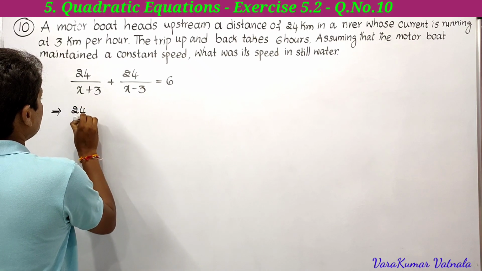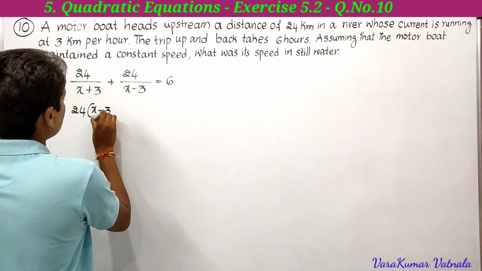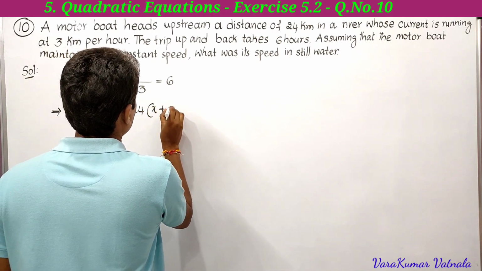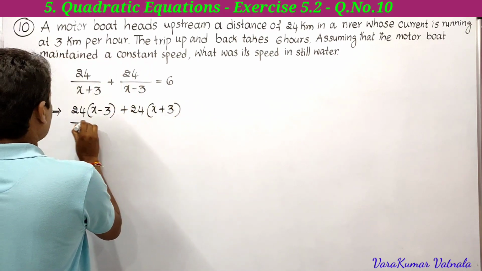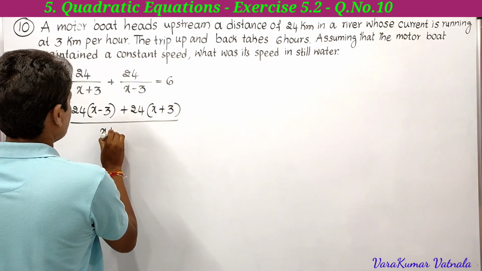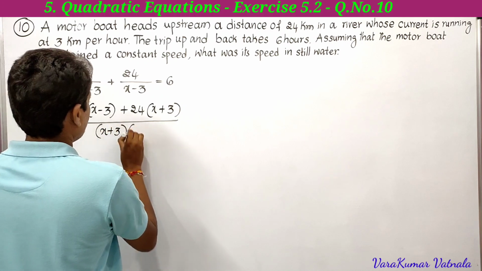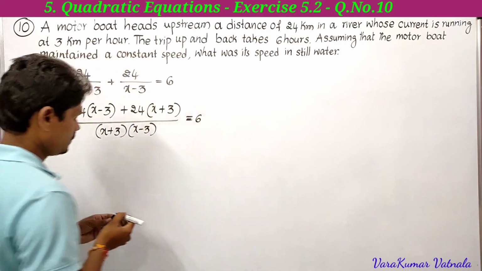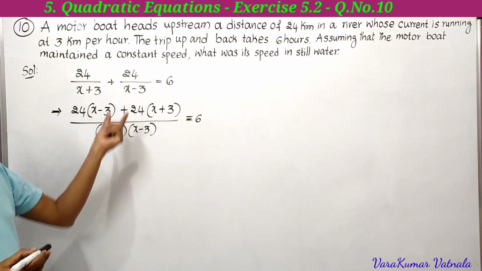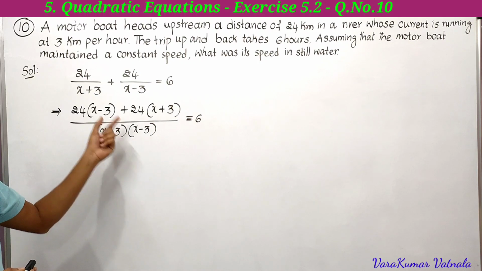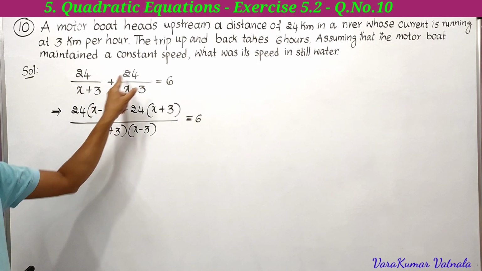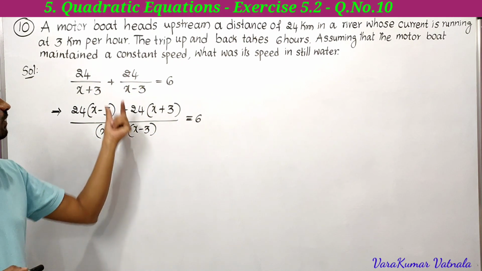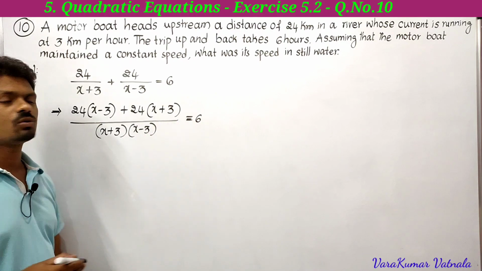We get 24 into x minus 3 plus 24 into x plus 3 divided by x plus 3 into x minus 3 is equal to 6.